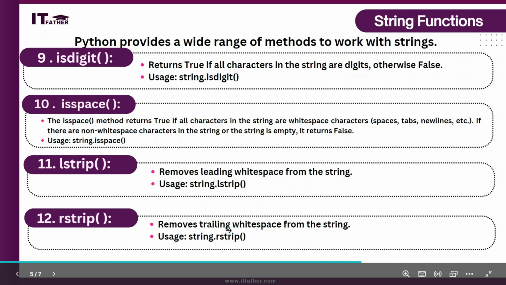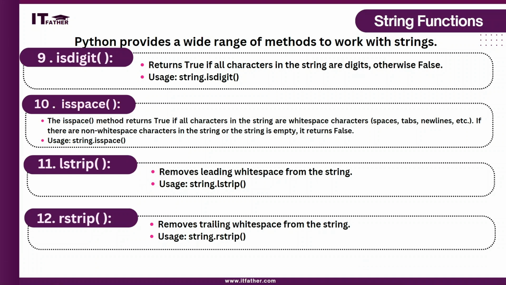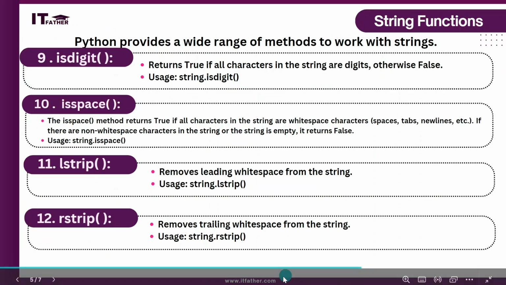lstrip and rstrip. This lstrip will remove the extra space from the left hand side, and rstrip will remove extra space from the right hand side of the string. For example, let us understand this.